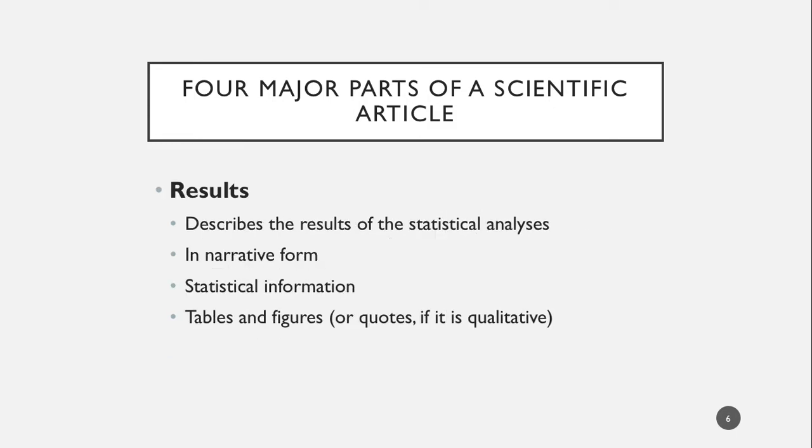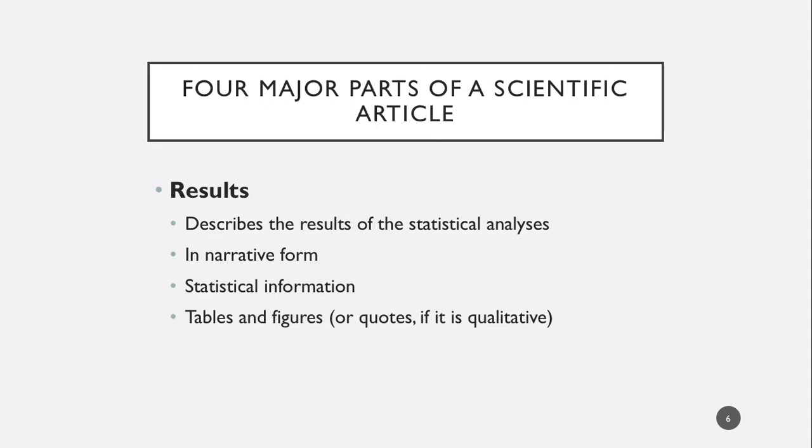Okay, the third section is the results section. In this section, you describe the results of the statistical analyses. This is usually done in a narrative form, like, I did this statistical procedure and this is what I got.